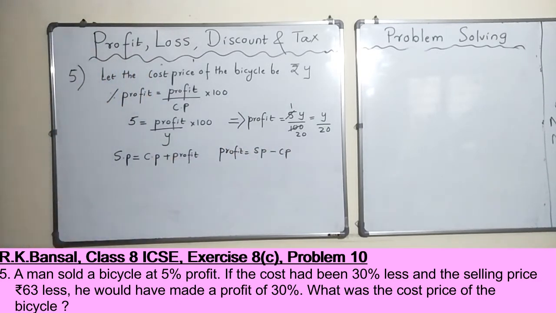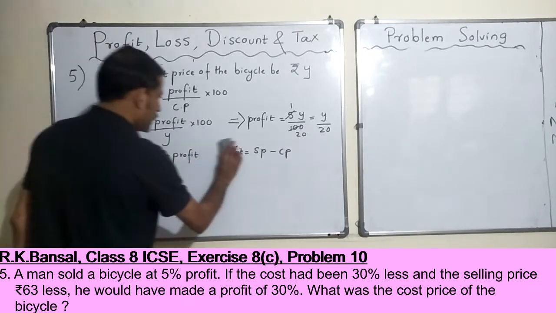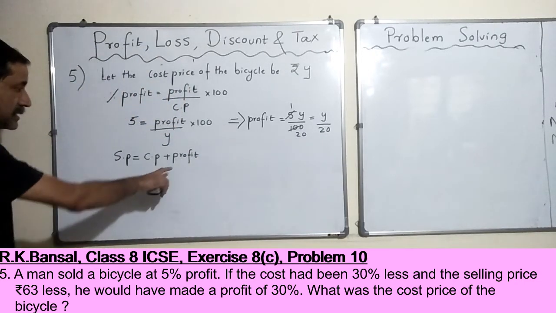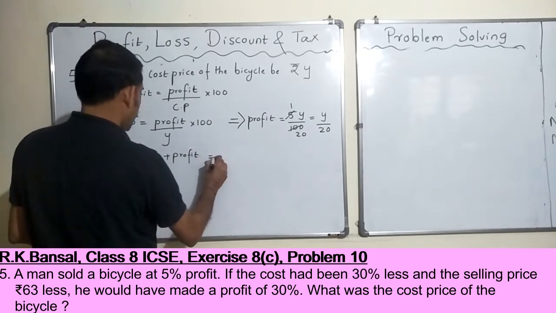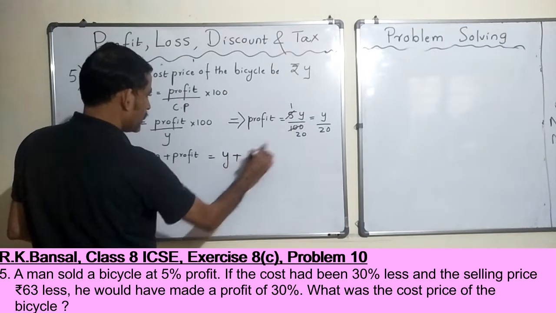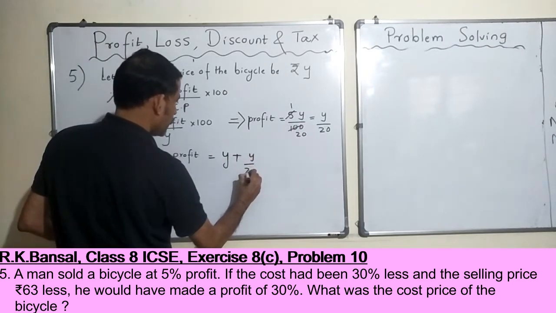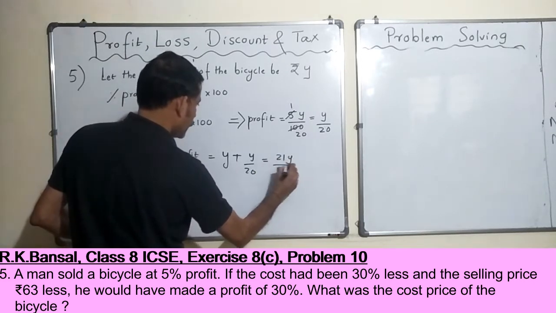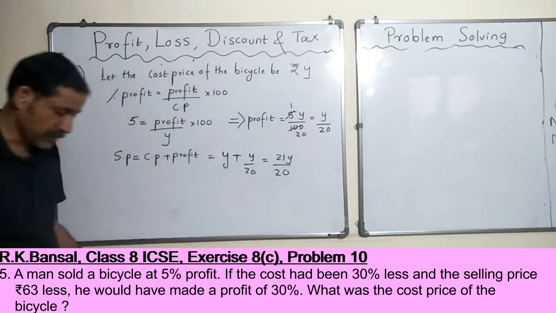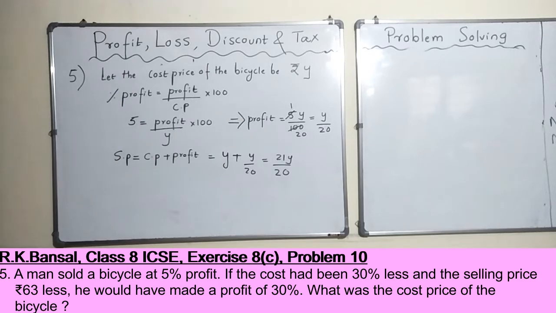So cost price plus profit will give me selling price in a profitable scenario. My cost price is y and my profit is y by 20, so my selling price is 21y by 20, which is good. Okay, so far so good. Just go through it once to make sure you understand. All right, so this is fine.